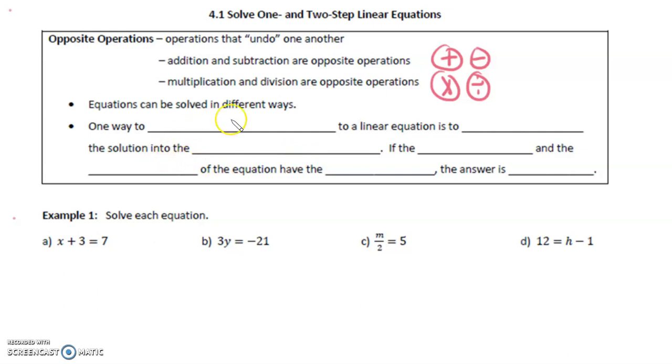Okay, equations can be solved in different ways. So when we go through this, just know that this is not the only way that they can be solved. But one way to check a solution to a linear equation is to substitute the solution into the original equation.